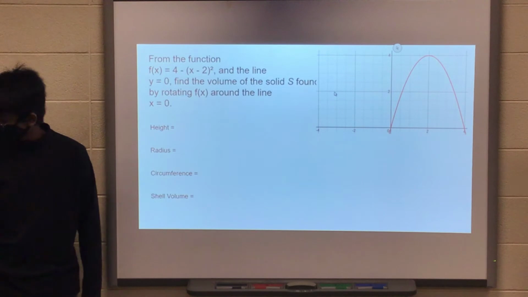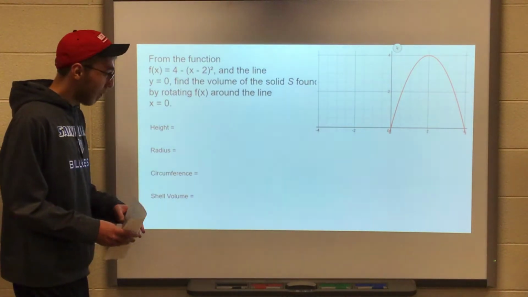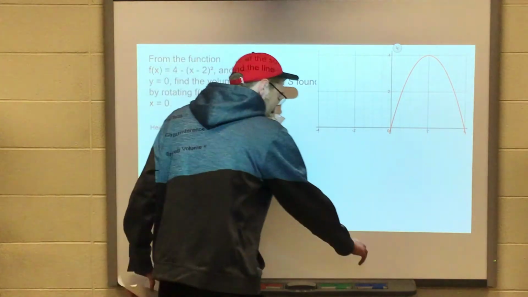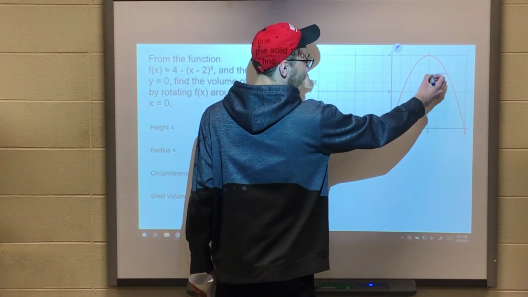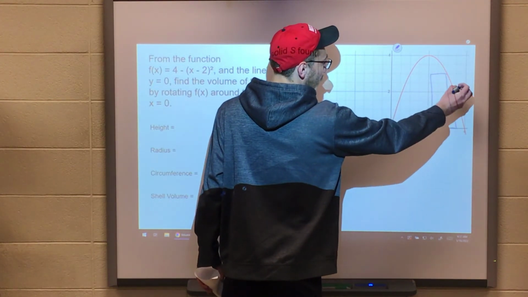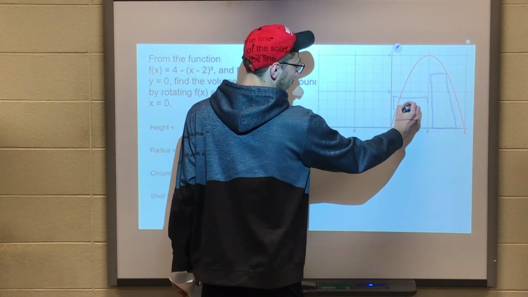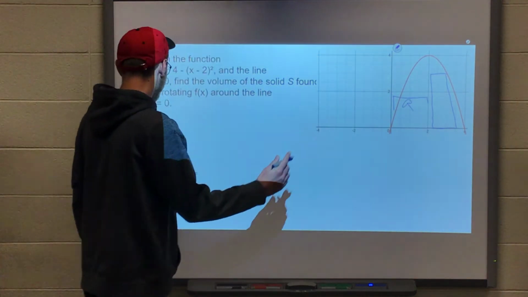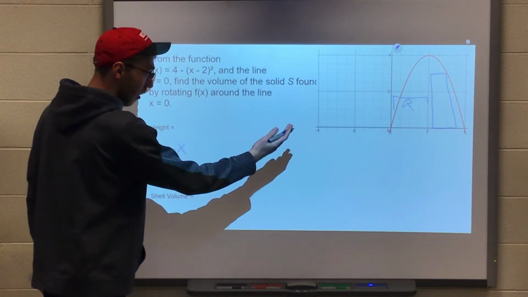So it's my turn. The first thing I would do is draw onto this beautiful picture we have a little cylinder. Then I would find what the radius is, which in terms of x is x.